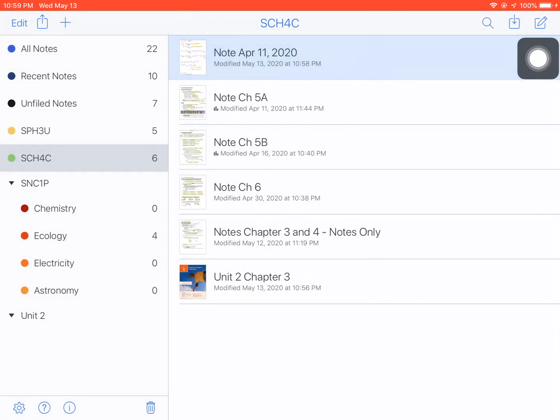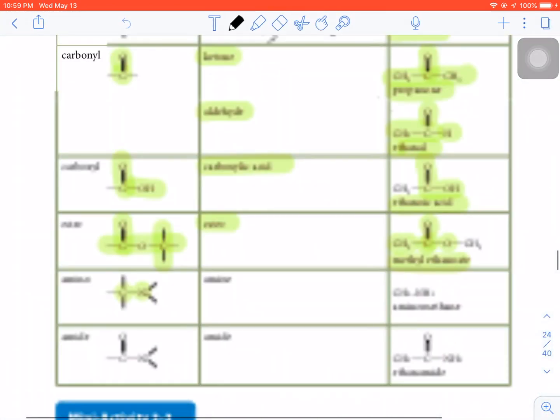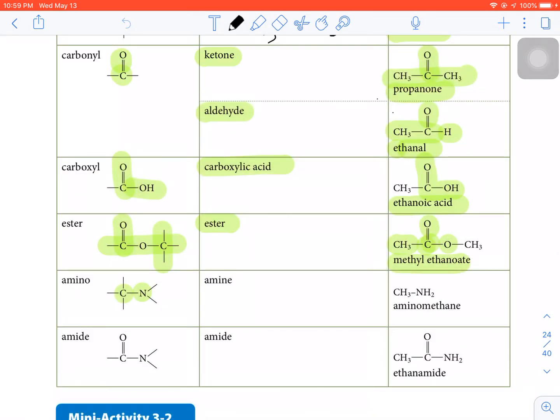Now let's go back to our note. In the note here, you can see that the nitrogen down here has 3 bonds around it. One of them connects to carbon. The other 2 can connect either to hydrogens or to other hydrocarbons. Okay, that makes a family called the amines.